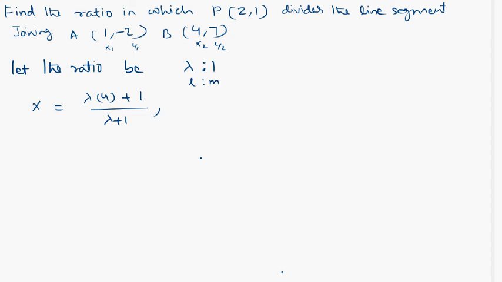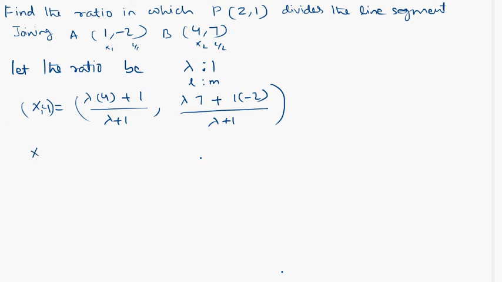And Ly2 is lambda times 7 plus M y1 is 1 times -2, divided by lambda plus 1. That is x comma y.